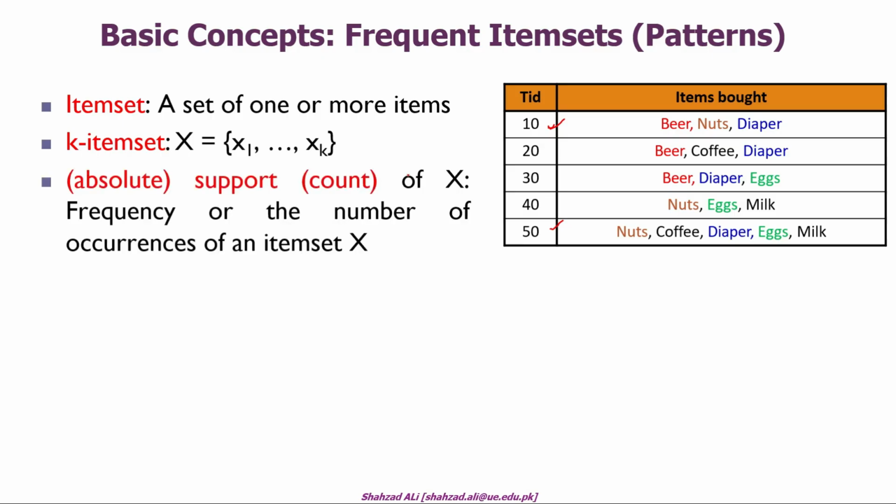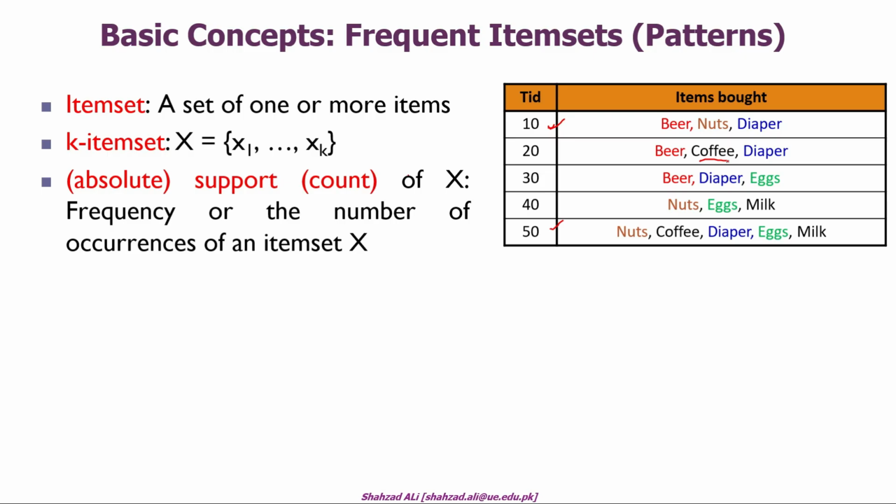For each item set you may have a concept of support. Support means, in this data set, the frequency or the number of occurrences of item set X. Suppose we want to calculate the absolute support for the item coffee.